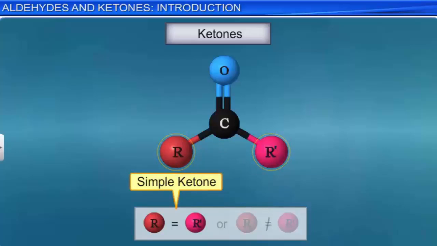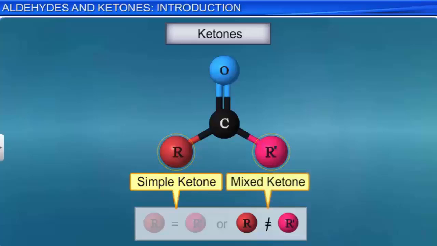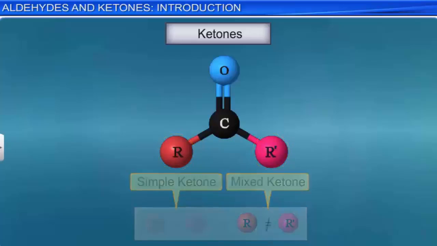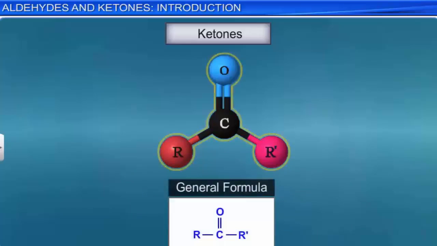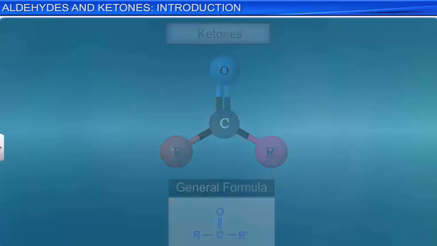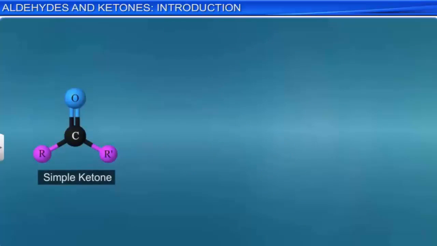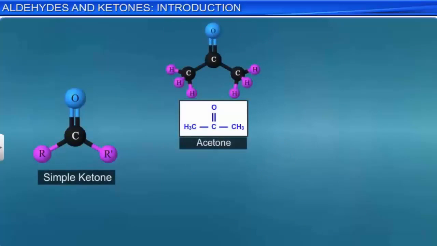If R and R' are different, then the ketone is called a mixed ketone. The general formula for ketones is RC=OR'. For example, acetone represents a simple ketone where both R and R' are the same.